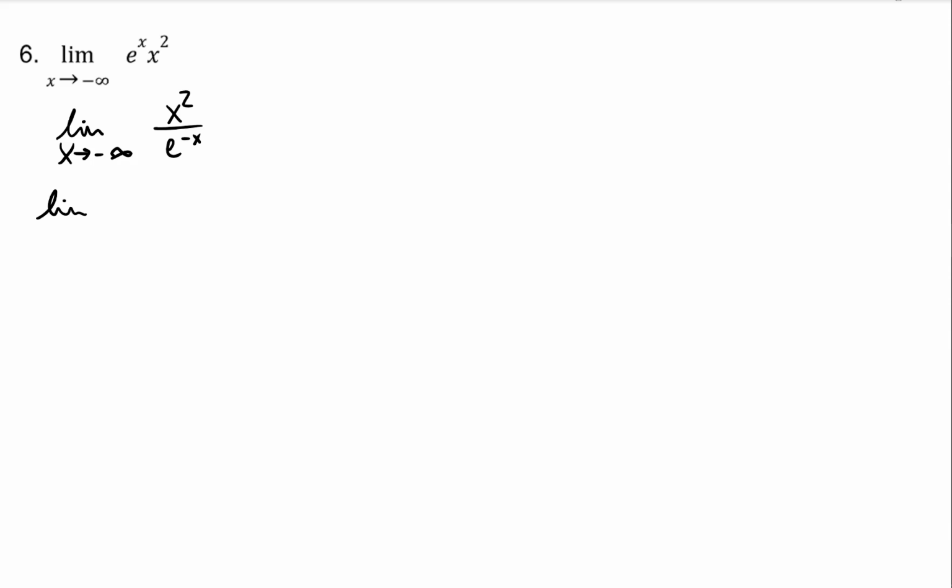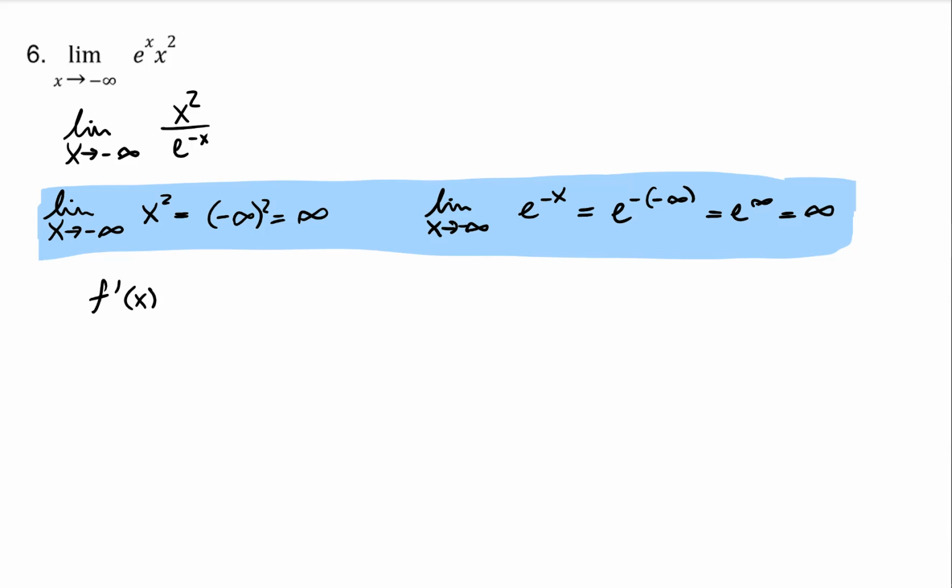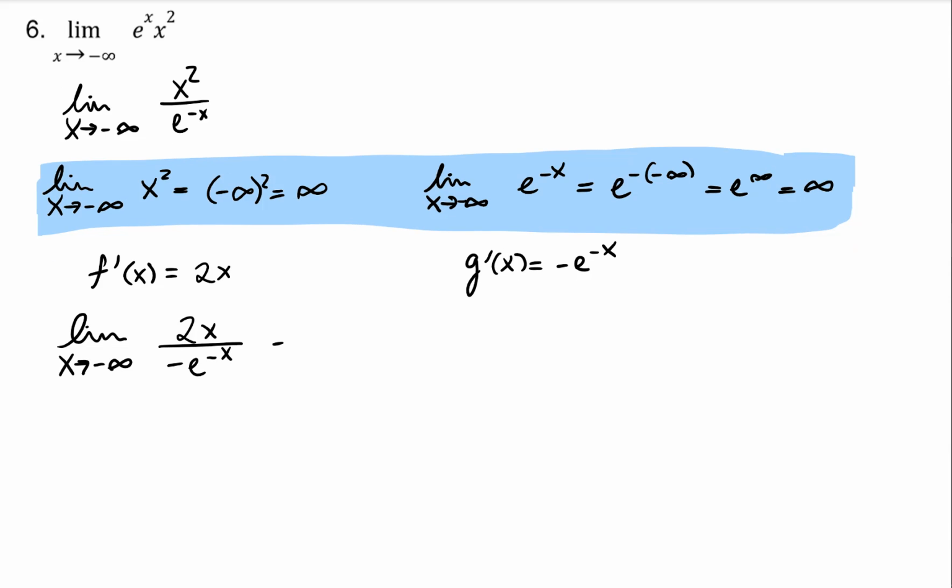Now let's show the limits of the numerator and denominator separately. That is essentially positive infinity and positive infinity. So let's derive. If you direct substitute, oh look, we have an indeterminate form again.